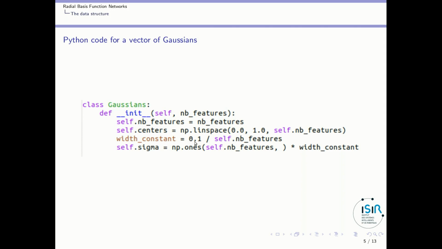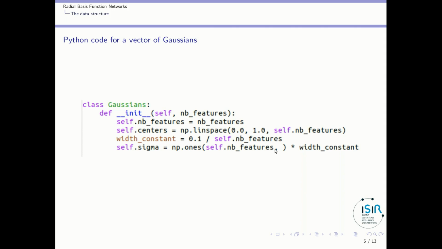Here I take 0.1 divided by the number of features, so that my Gaussians do overlap just a little, and this defines my sigma as a vector of number-of-features ones, and then I multiply it by the width constant, so I get 3 times the same width constant defined here in a vector of 3 numbers.